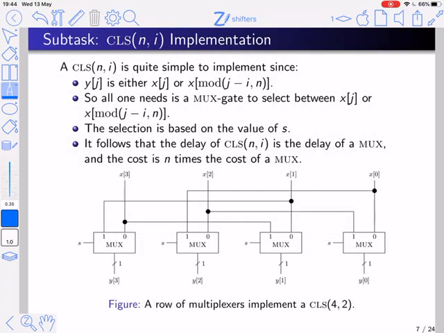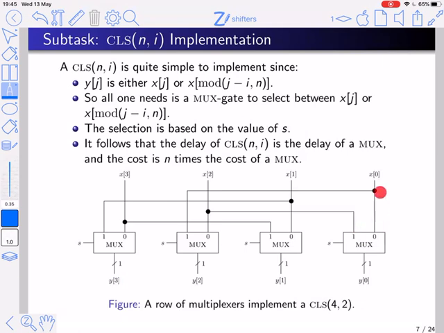How do we implement this CLS n, i circuit? It's very simple. Since yj is one of 2 bits, all you need to do is feed these 2 bits to a mux gate, and the mux gate selects between xj or x of mod of j minus i, comma n, depending on the value of the select bit. Okay, so we have the select bit feeding the muxes, and we have the outputs of the muxes, and each mux has 2 inputs.